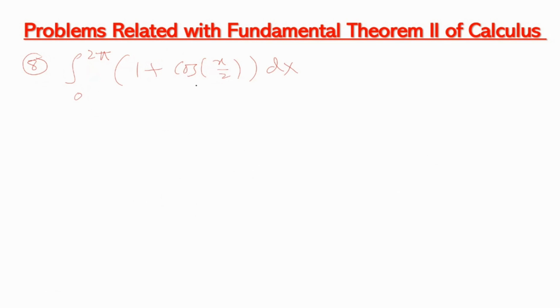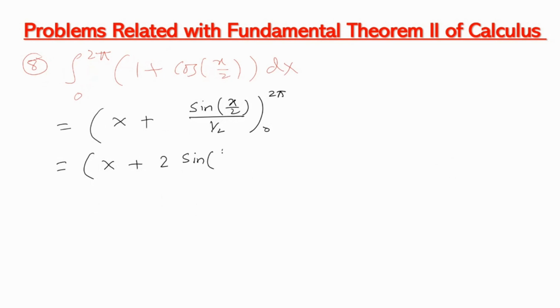Next problem is the integral from 0 to 2 pi of 1 plus cosine x over 2 dx. So here we can do it like this. Antiderivative of dx is equal to x, plus sine x over 2 over half, from 0 to 2 pi. So this is equal to x plus 2 sine x over 2, from 0 to 2 pi.